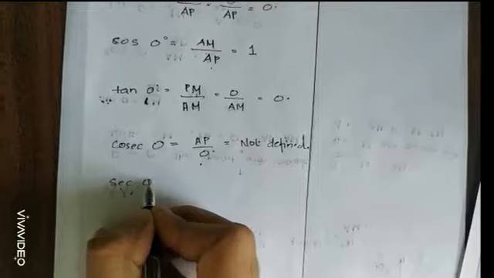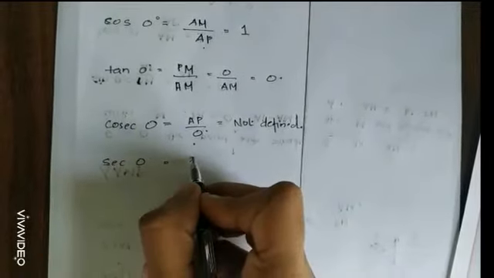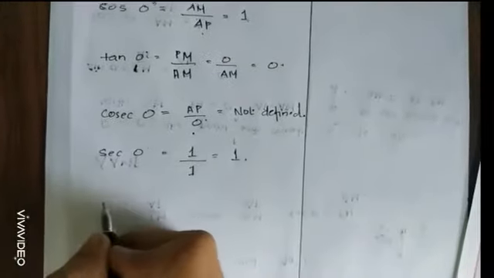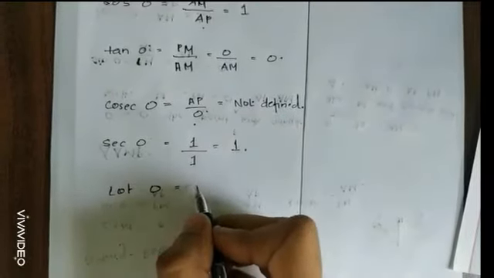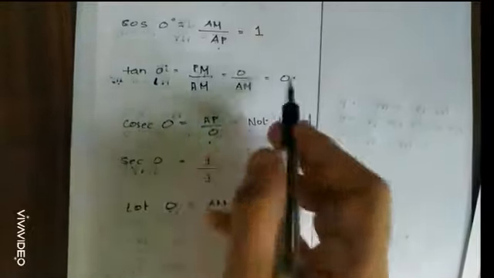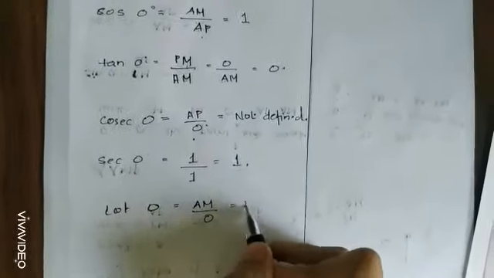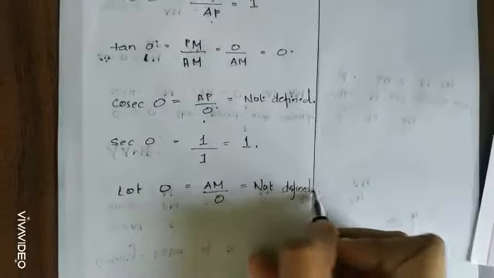Now next, sec 0 is equal to 1 by cos. Here 1 by cos is 1 by 1, which is equal to 1. Now last one, cot 0 is equal to AM by 0, that is 1 by tan. Tan is 0 and the reciprocal, AM by 0, is not defined.